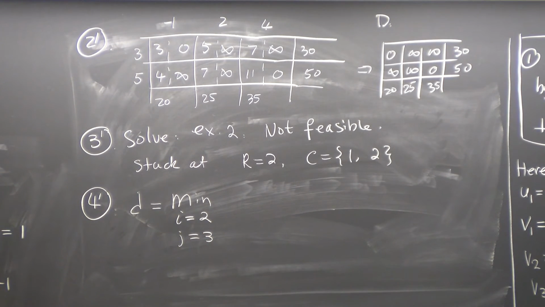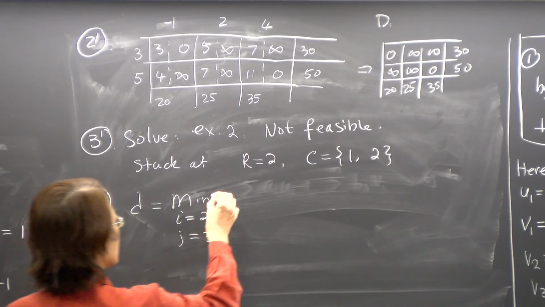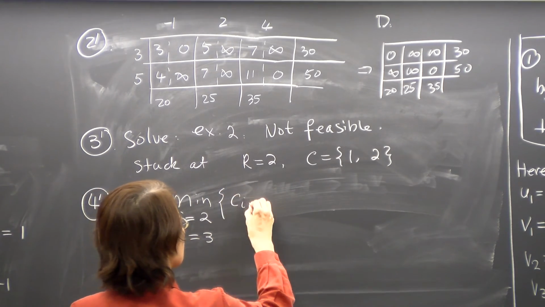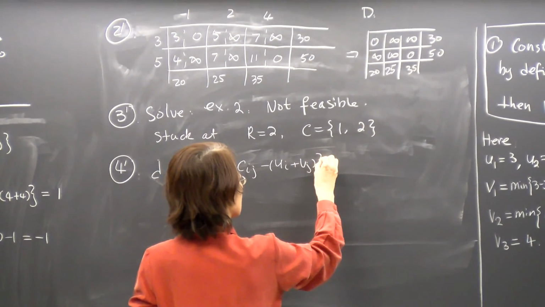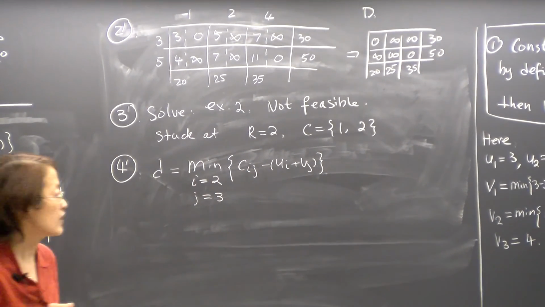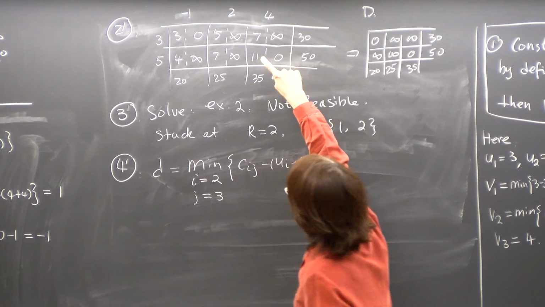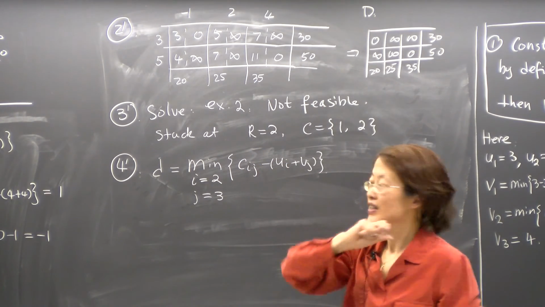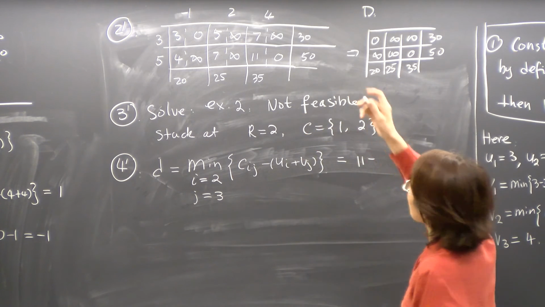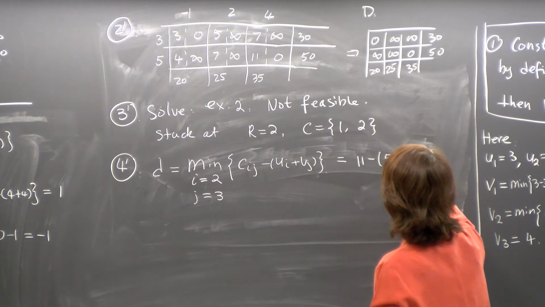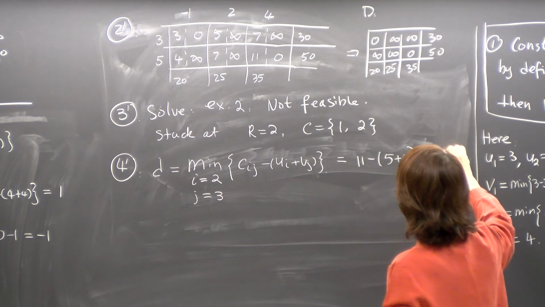So I actually have just one cell to check for the slack. What is the slack of that? So what I will have to do is 11 minus 5 plus 4, which is 2.